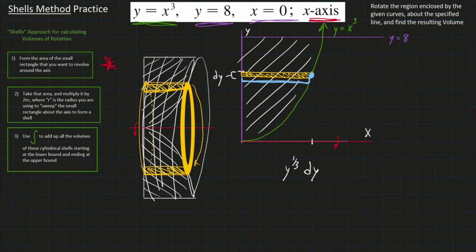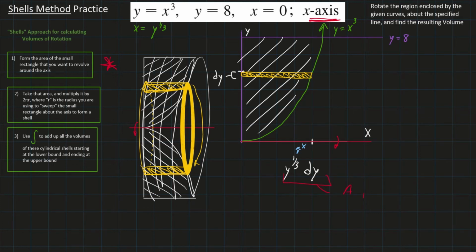All I'm doing there is look at our equation, and I'm getting x by itself. So I raise both sides to the power of 1/3, which gets me this. Again, same exact equation, which forms the same exact green curve, just in terms of y. But this equation's giving me those x's, which are the lengths of my tiny rectangles.